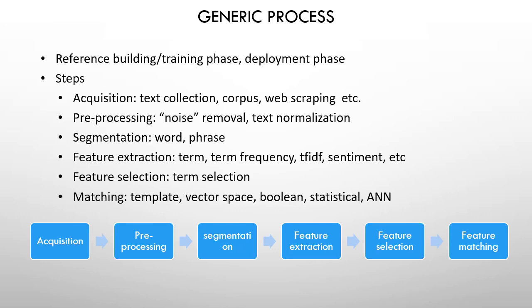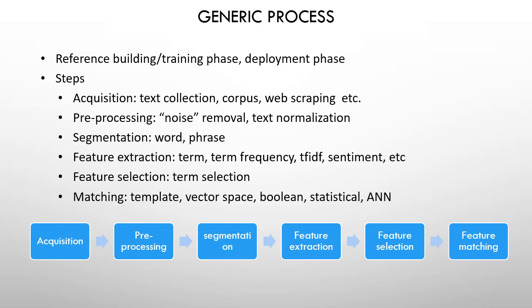Okay, so the generic process is displayed here, just like before. The generic process includes acquisition, pre-processing, segmentation, feature extraction, feature selection, and feature matching. As with other data types, the process consists of two main phases.